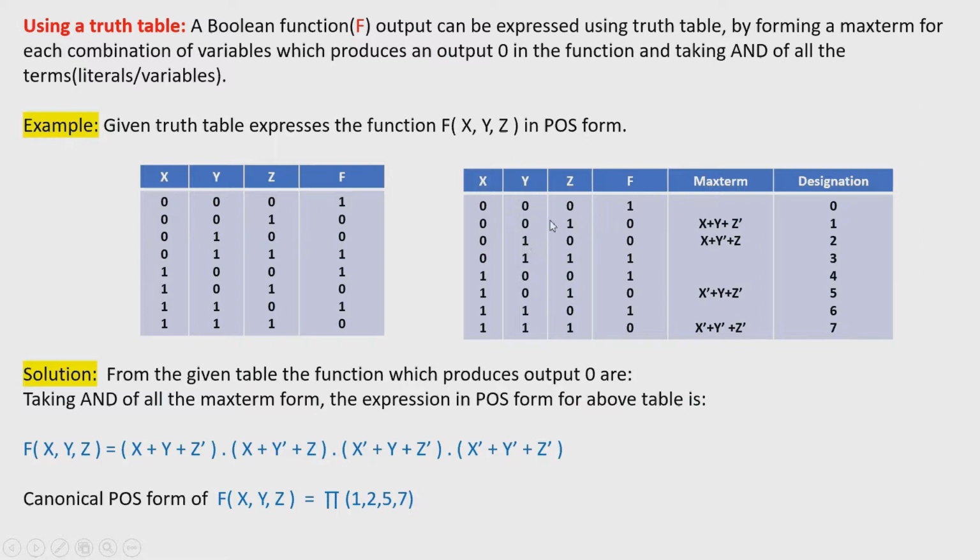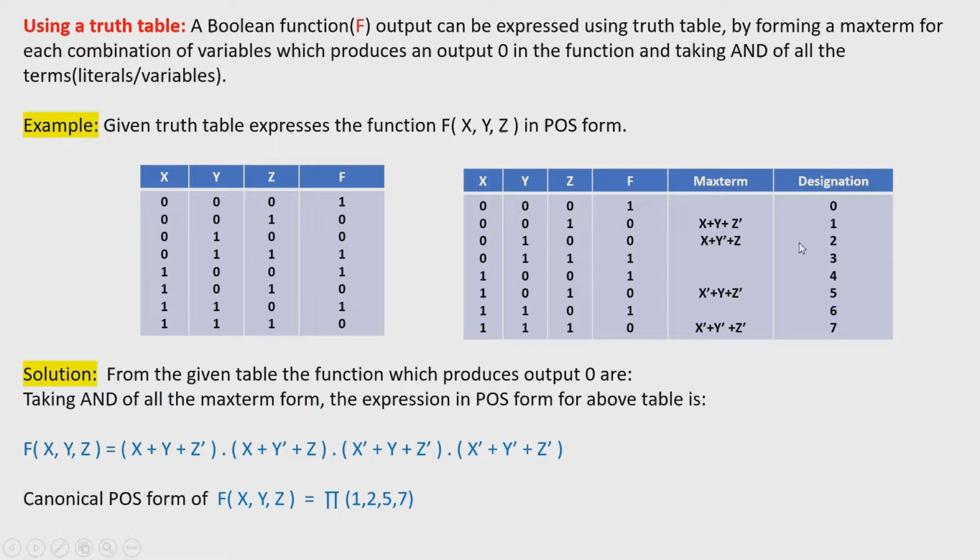But the opposite happens in max terms. Where the input variable is 1, the literal gets complemented. Alright, so likewise you have 4 function outputs with value 0, so all the max terms for those are found. The designation you can also see here.